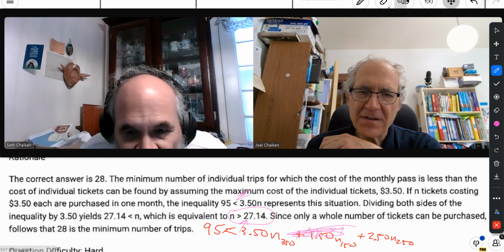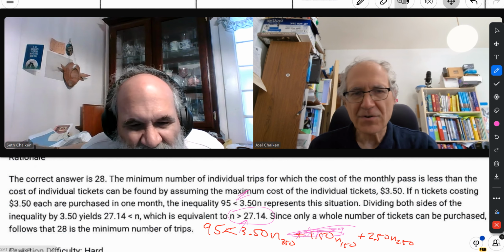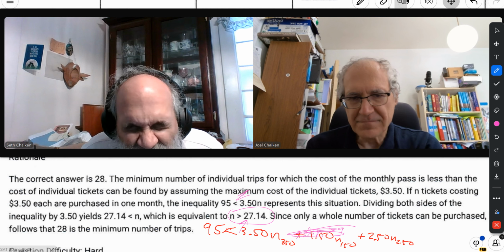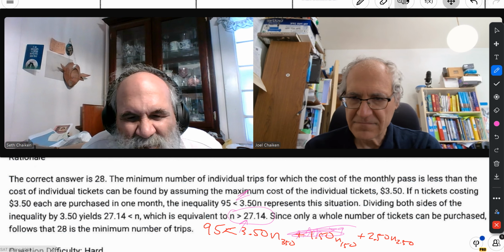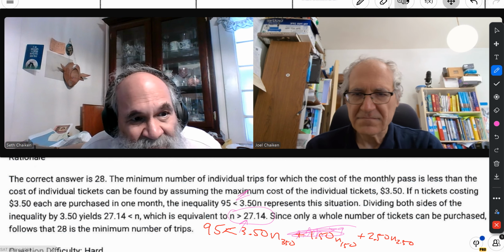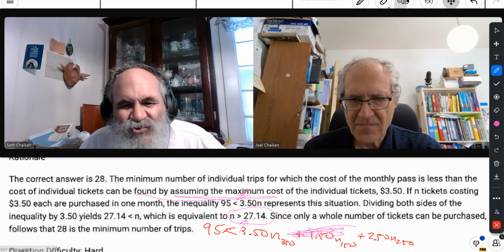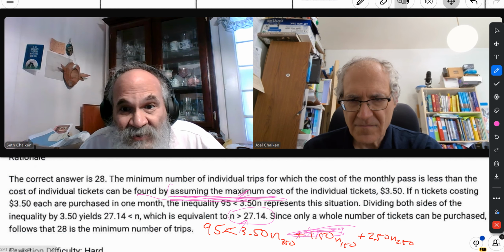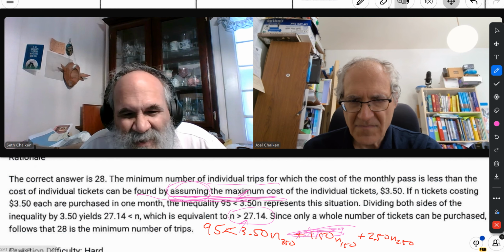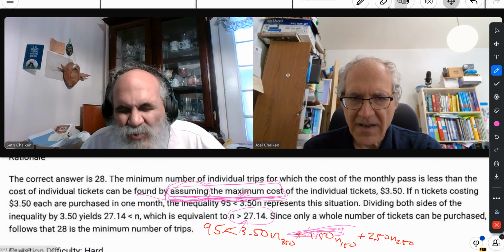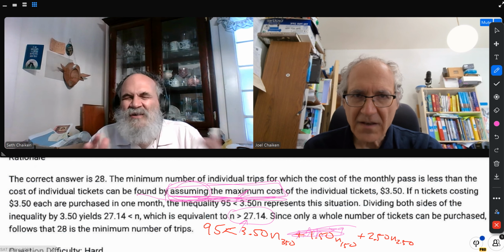So they don't say. That's annoying. Okay. So I think they're right. It can be found by assuming the maximum cost of individual tickets. So you assume that you're going to... That's what they said.